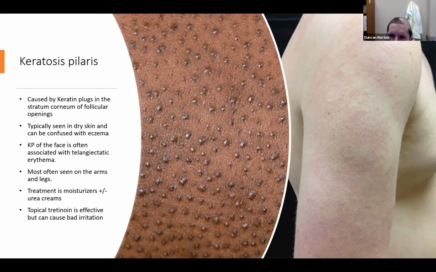If it's on the face, you can get some telangiectatic erythema. The treatment for this is moisturizers. You can use some urea creams such as Eucerin that can help break down the keratin. If it's really bad, you can use topical tretinoins, but they can cause really bad skin irritation. You already are dealing with dry skin, and tretinoins tend to exacerbate that. So I tend to use them only in extreme cases.